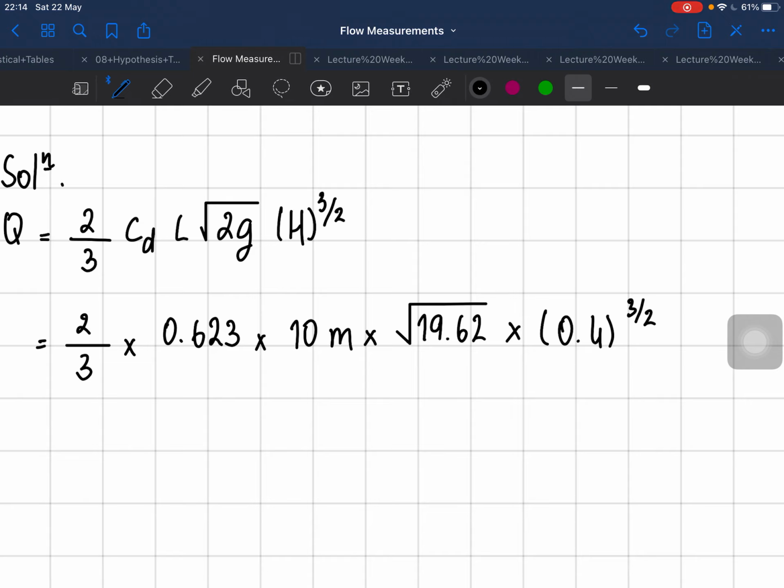It's very easy for you guys. I normally agree with my calculator, so okay, the answer is 4.6554.